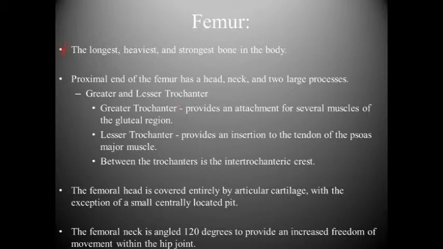The femoral head is covered entirely by articular cartilage, with the exception of a small centrally located pit. The femoral neck is angled 120 degrees to provide an increased freedom of movement within the hip joint. You definitely know the angulation that is supposed to be caused by the femoral neck.